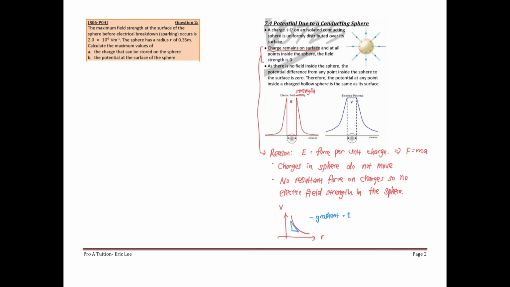Basically what they're trying to say is the potential difference is the same. The potential difference at any point inside a charged sphere is the same as its surface. Why are they the same? Because there is no field inside the sphere, so the potential difference from any point inside the sphere to the surface is 0.